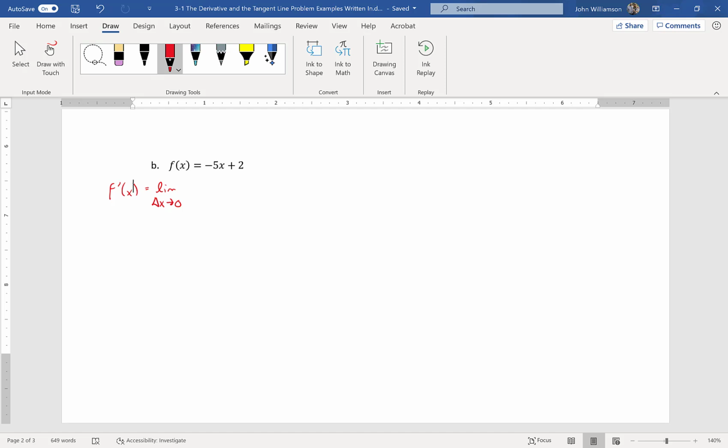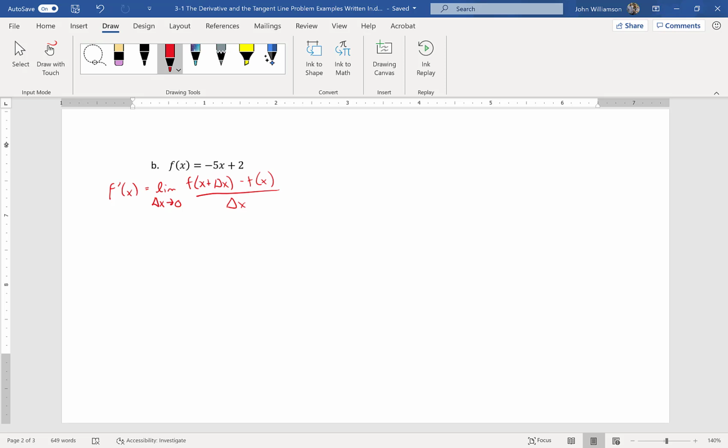But I'm going to show you both ways. I don't care which way you do it as long as you're not losing stuff and you're evaluating the limit properly. I'm going to tend to use h, but your book uses delta x. So I'm going to show you both ways. So f prime of x is limit as delta x is approaching 0, f of x plus delta x minus f of x all over delta x.